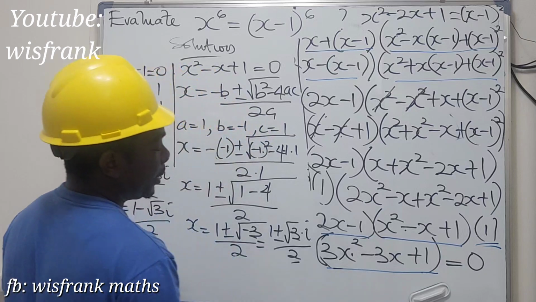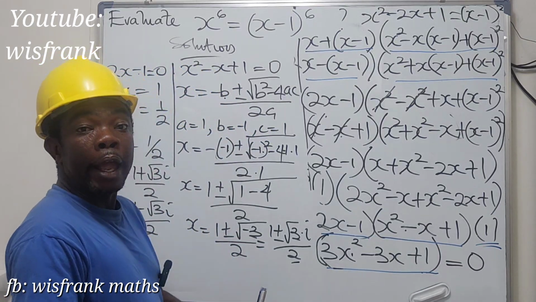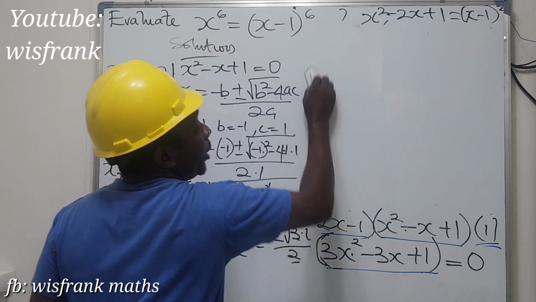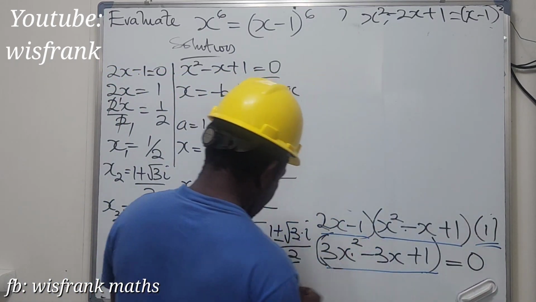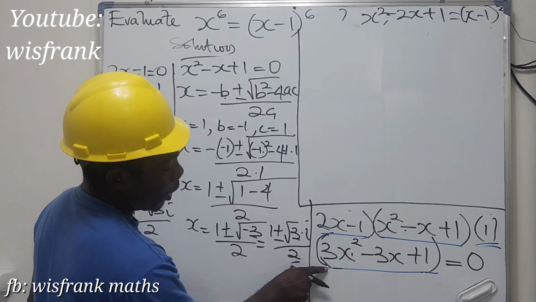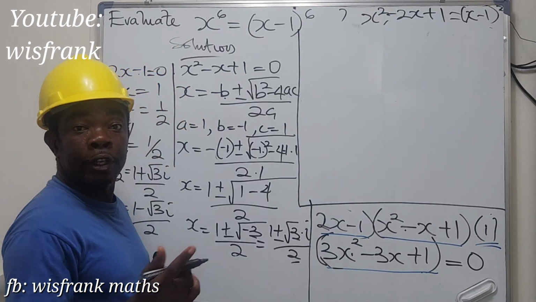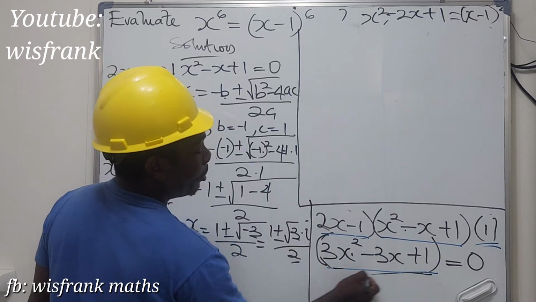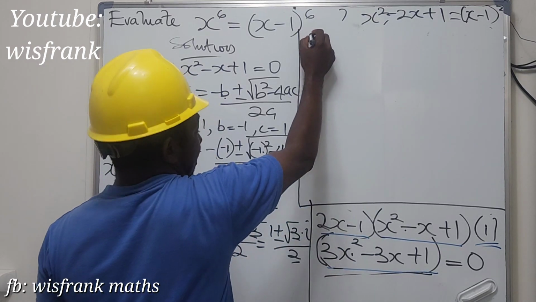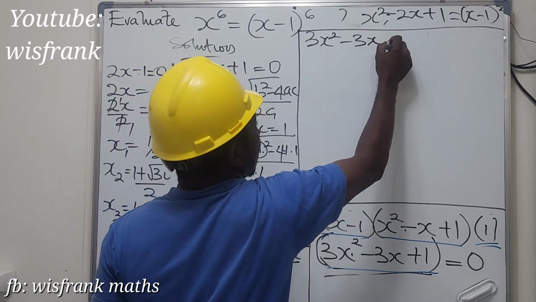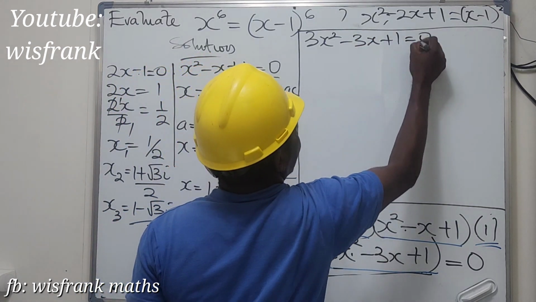So we are going to take this and also use the quadratic formula to find the value of x. So we need to clean this. Here we still have this. So we are going to use this quadratic formula to look for the value of x in this last parenthesis. So we have 3x to the power of 2 minus 3x plus 1 equals 0.